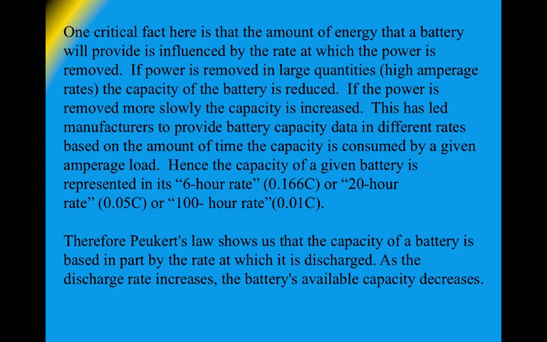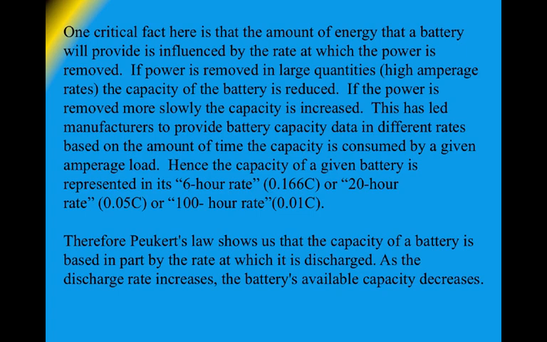So the capacity of a given battery can be represented by its 6-hour rate. In terms of the 1C rate, this would be a 0.166 C rate. Another common rate is the 20-hour rate, and compared to a 1C rate, that is a 0.05 C rate.